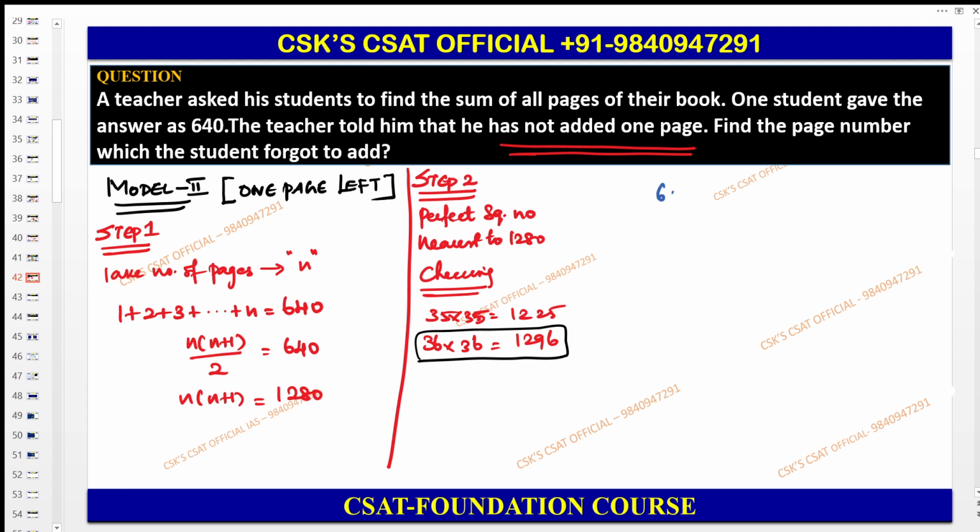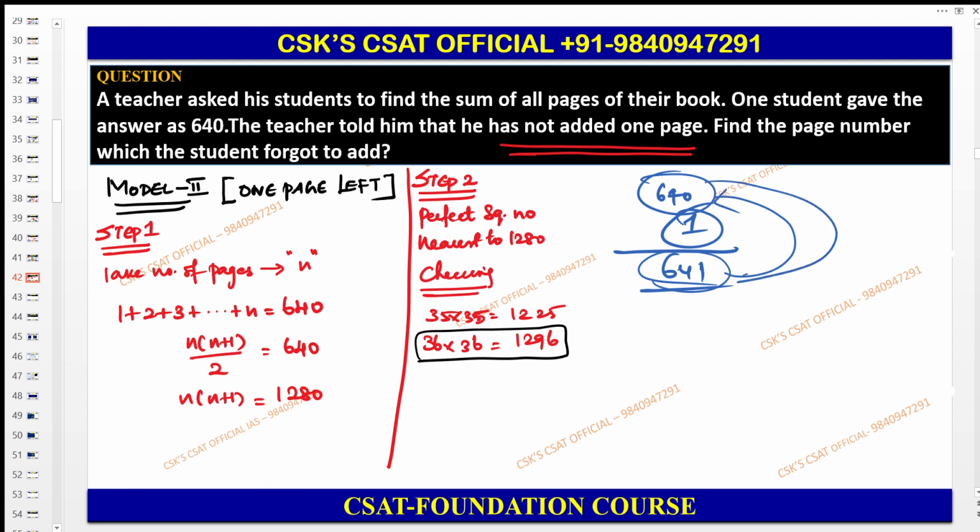You are calculating page numbers and getting 640, but you are leaving one page. That page may be anything, even 1 is not an issue. If you add it, you will get 641. So the actual value is greater than the given value, or you can say the given value is lesser than the actual value. Understood the point?